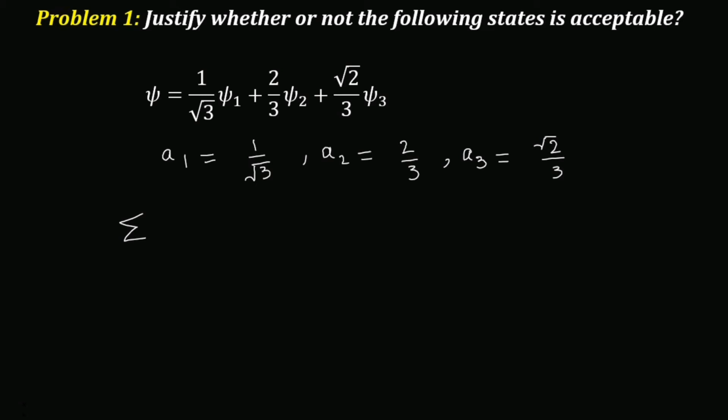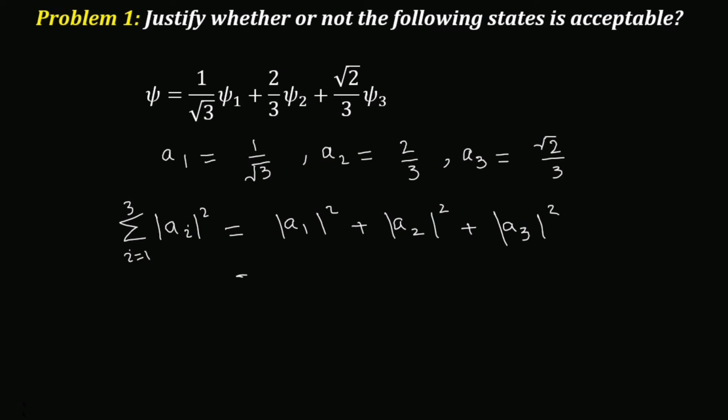So which means the sum of ai absolute square, and here the value of i is 1, 2, 3, and we can write it as a1 absolute square plus a2 absolute square plus a3 absolute square.